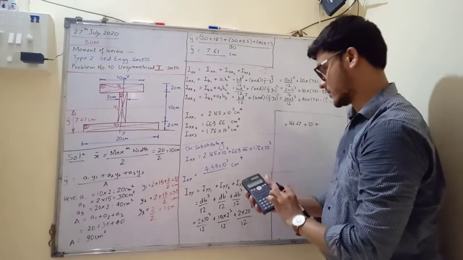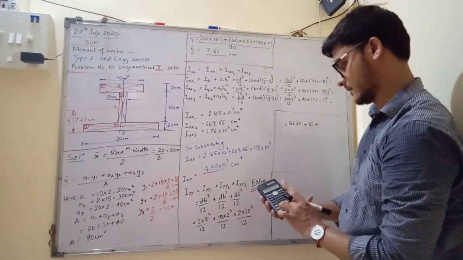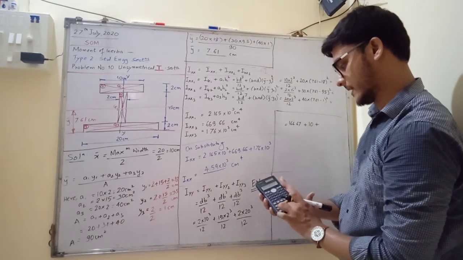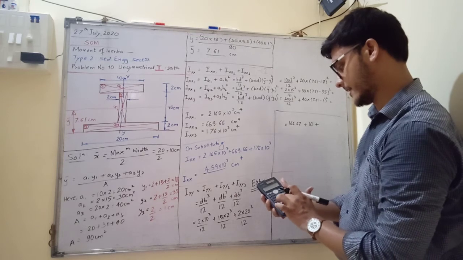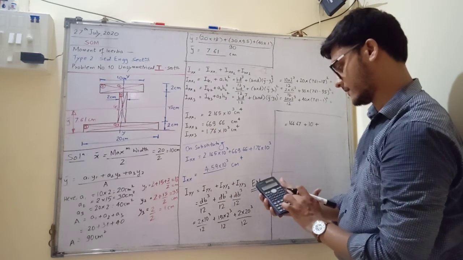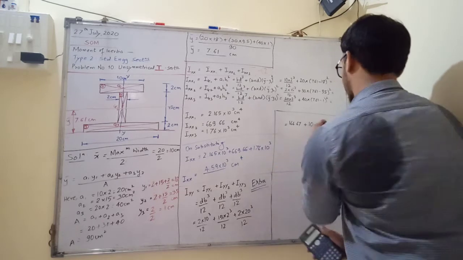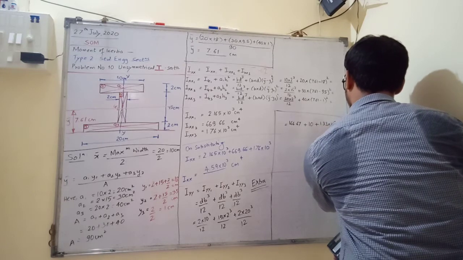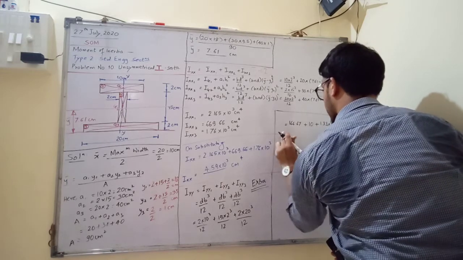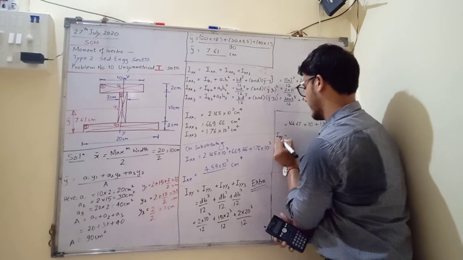And the third one, last one, 2 into 20 cube divided by 12, which gives us 1.33 into 10 raised to 3. On summing up, adding these three values, you will get the value of final answer of Iyy.